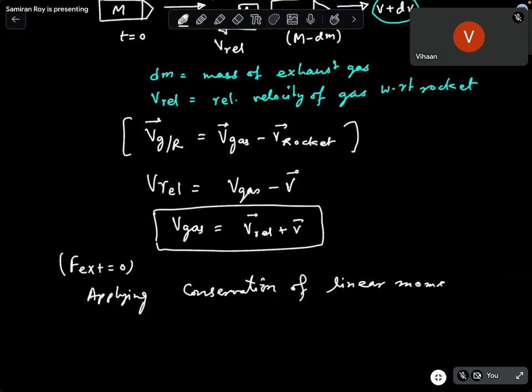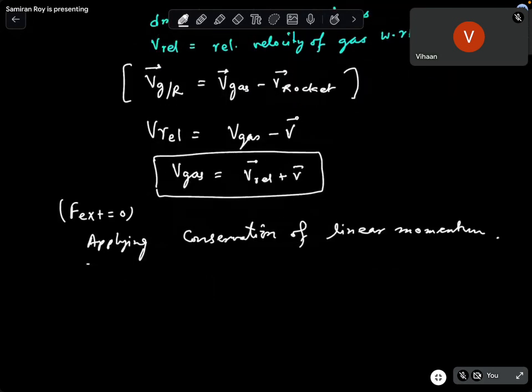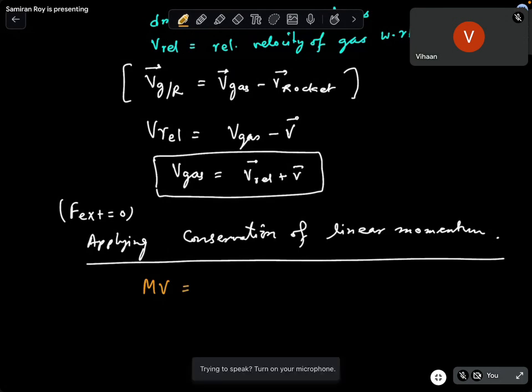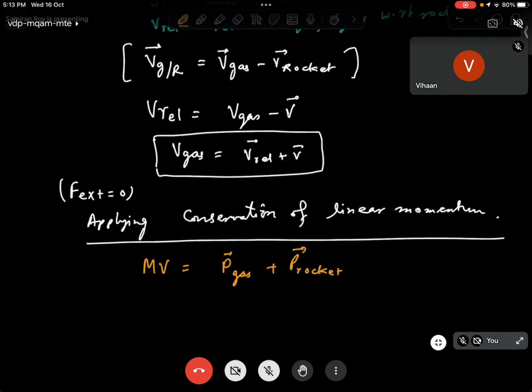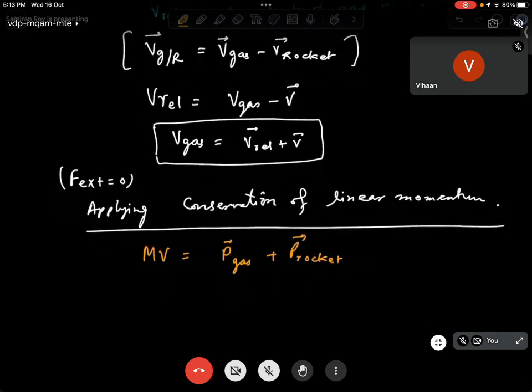If I apply conservation of linear momentum, what is the initial momentum? Initial momentum is Mv, correct? That is equal to the final momentum. Final momentum is the momentum of gas plus the momentum of rocket. Clear? What is the initial momentum? Mv.